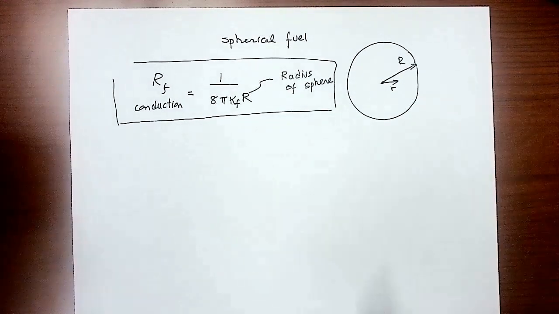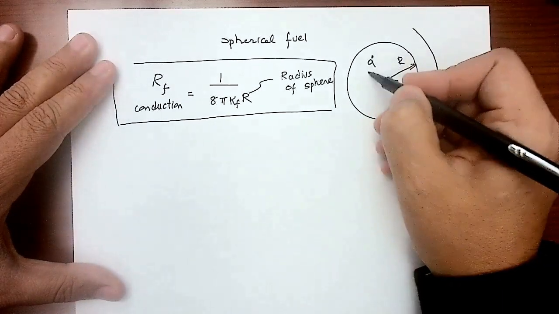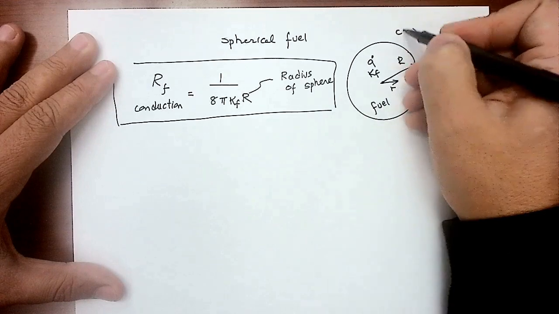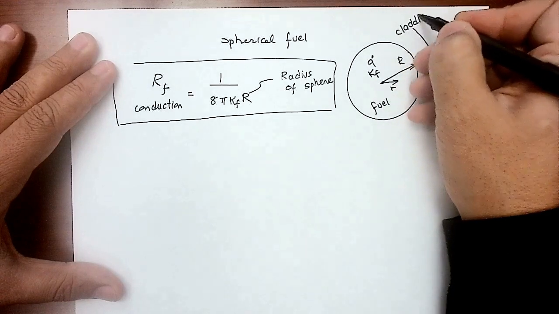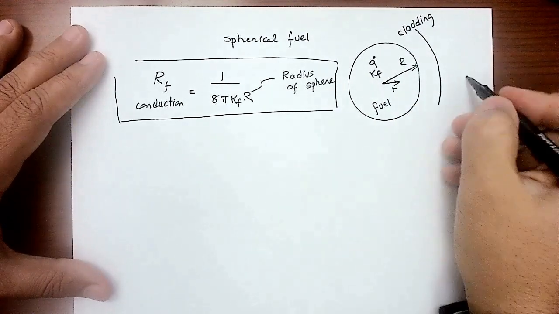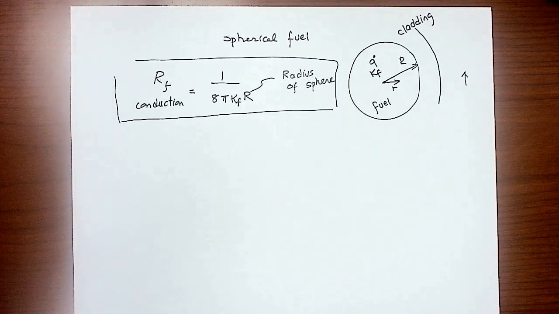Then the convection remains the same. Nothing would change actually. And the conduction, if there is a cladding, that's where Q dot is, and K of fuel, that's the fuel. Then the cladding, we use the same equation that we used before for conduction in a cladding without heat generation. So go back to the last class and look into this.